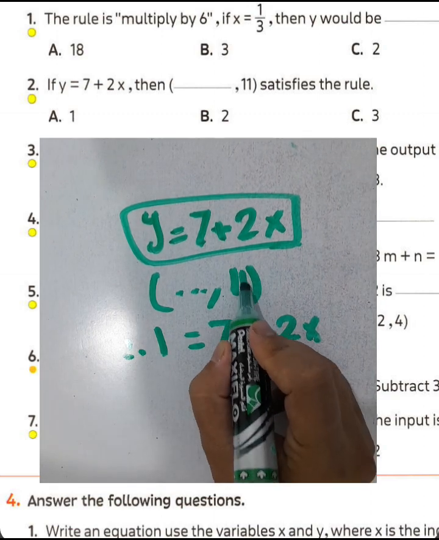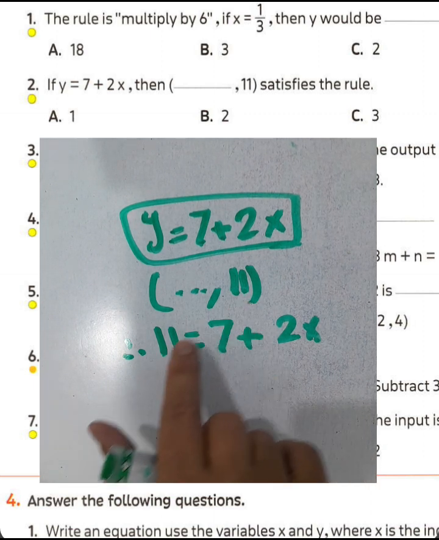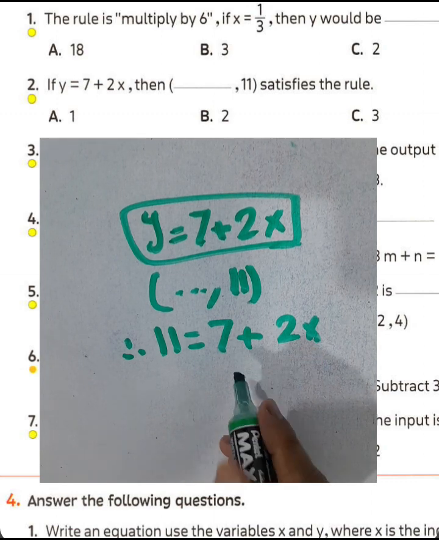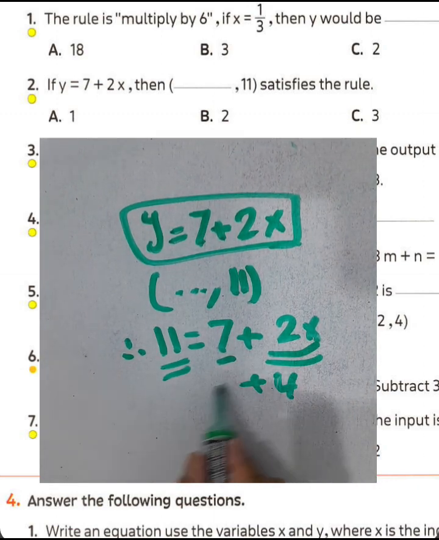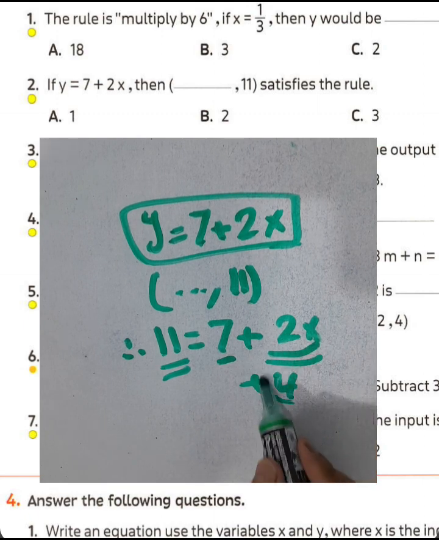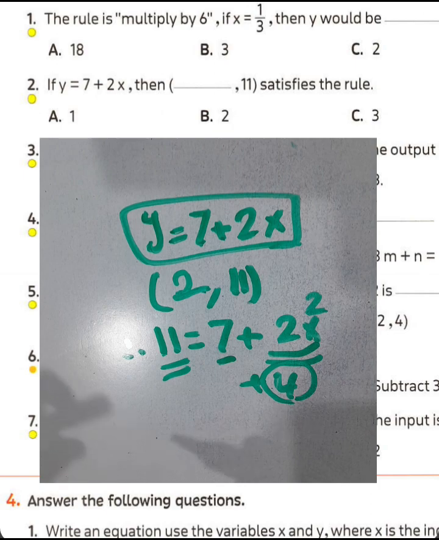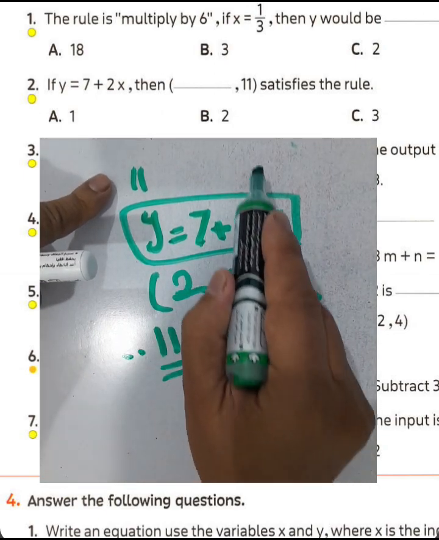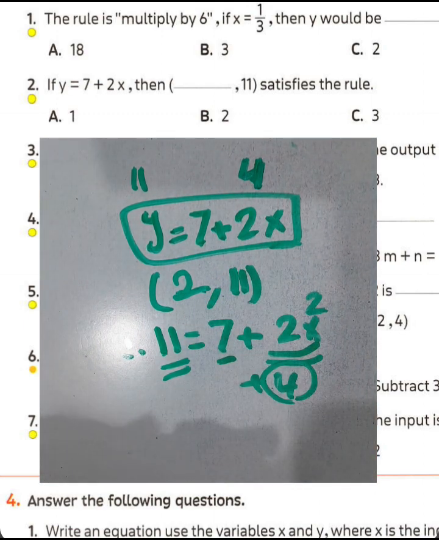It's 11, sorry, it's 11, okay? 11 here equals 7 plus 2x. We can write x equals what? 2 times what? We know 7 plus 4 equals 11. Then 2x, it means 2 times what equals 4? 2 times 2. Then we can write here 2 for x, because he gave us y equals 11. 11 equals 7 plus 4. 4 equals 2 multiplied by 2. Then x here will be equal to 2, choose letter B about question number 2.